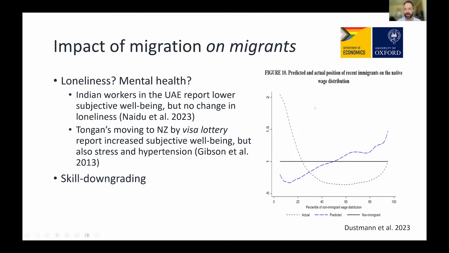And what you see here is that in the actual distribution, immigrants conditional on their education and experience levels are much, much more overrepresented in the lower part of the income distribution. And this is true not just for the UK, it's all over. When people migrate, they have to accept or face this downgrade of their skills and education and so on in the destination labor market.